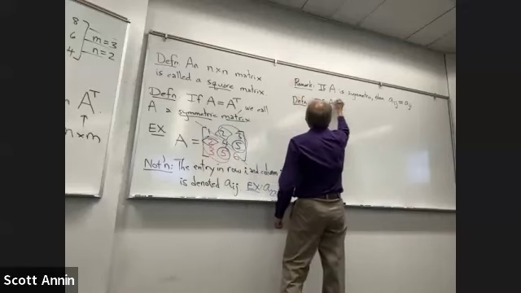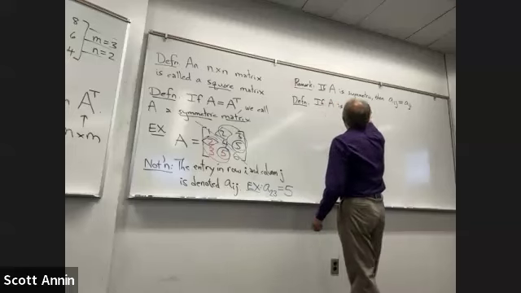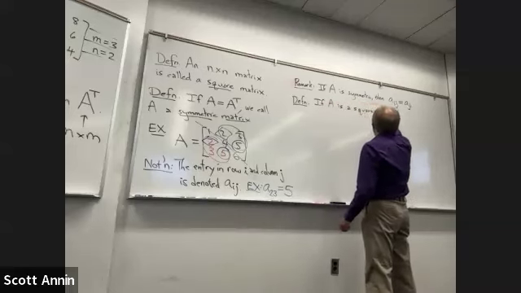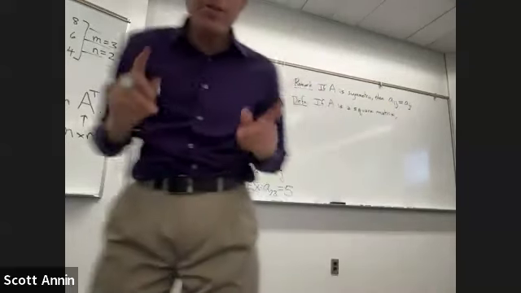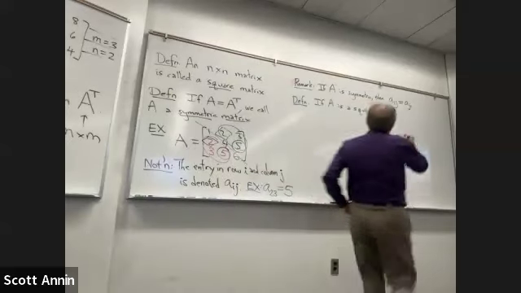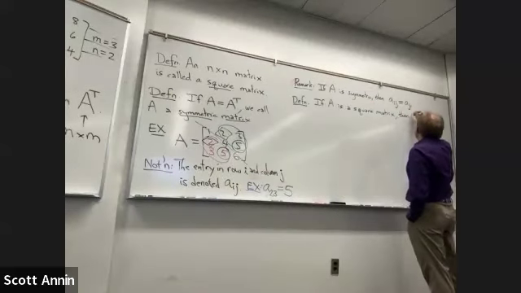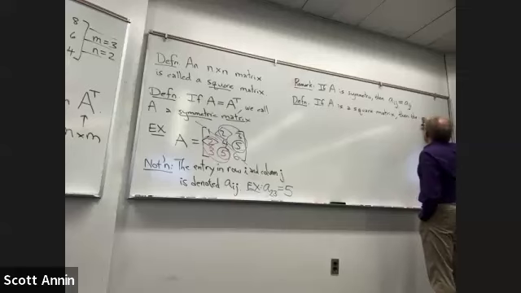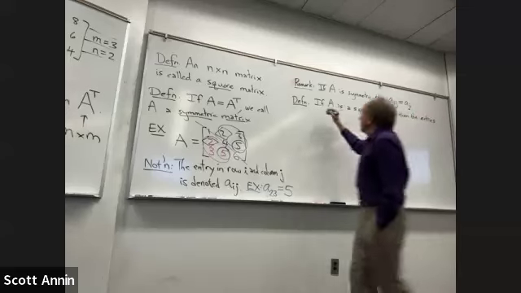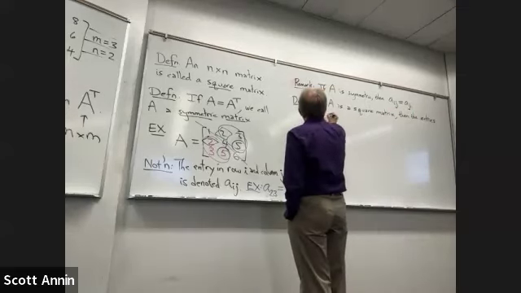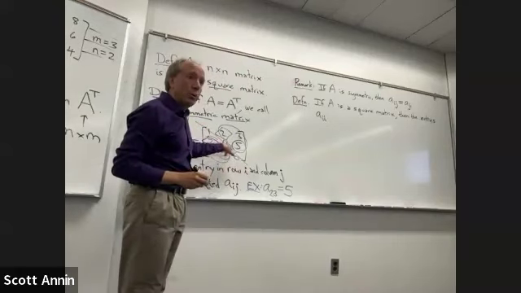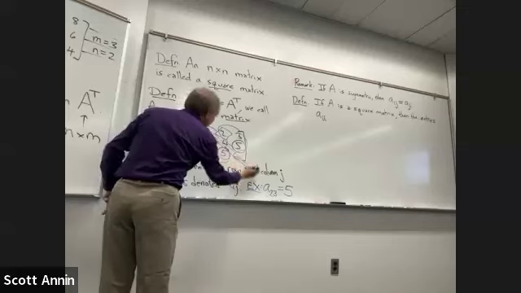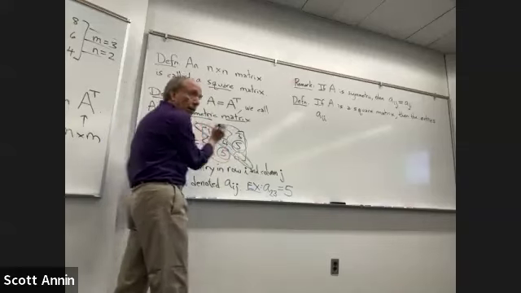If A is a square matrix, so it doesn't have to be symmetric, it just has to be square, then the entries in the form of A sub ii, so A11, A22, A33, those are the ones following this diagonal line, right?